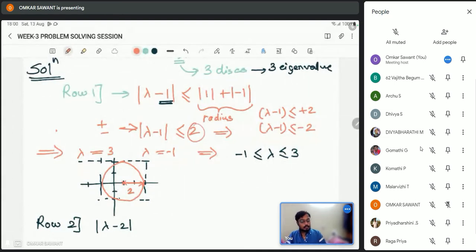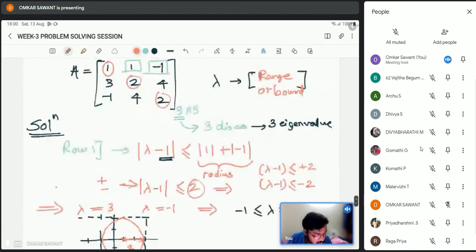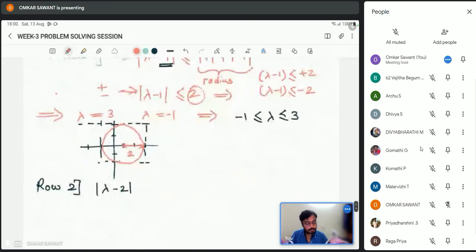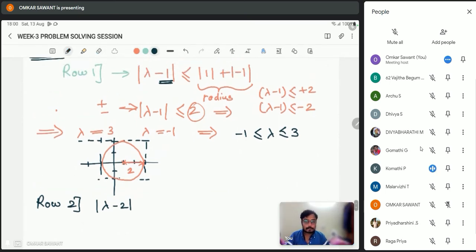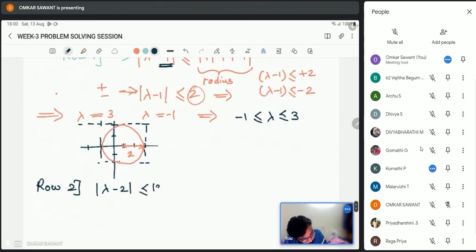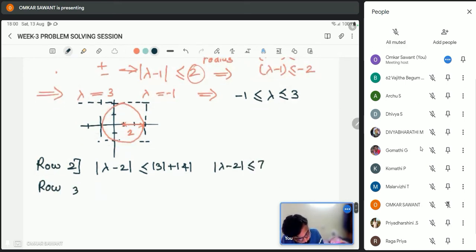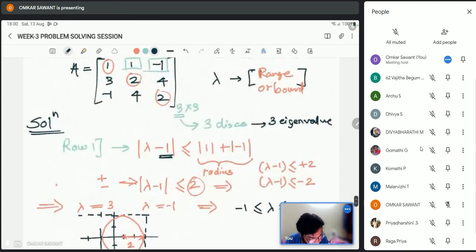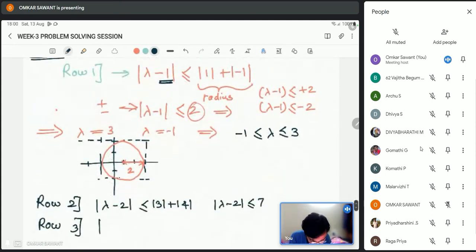So please, anyone tell me for row 2, which is the second Gershgorin disk, what will be the radius? Modulus 3 plus modulus 4, sir. That is how much? 7. 7, right? And for row 3, what will be the center of the second Gershgorin circle?